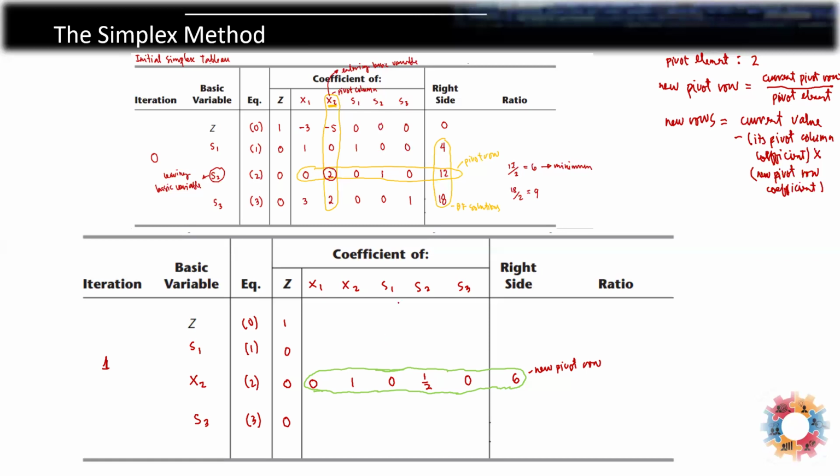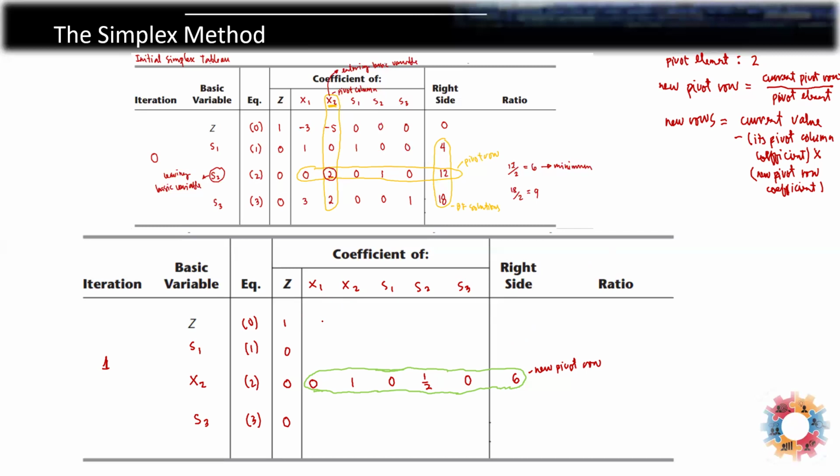So our objective is to remove the negative value on row 0. That's why we apply the elementary row operation. Let's start with the first column, the first row.